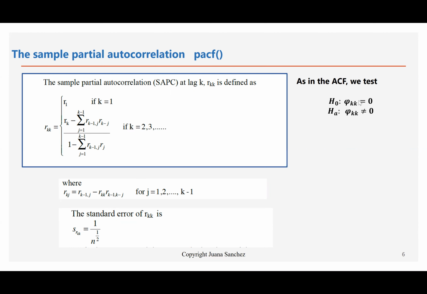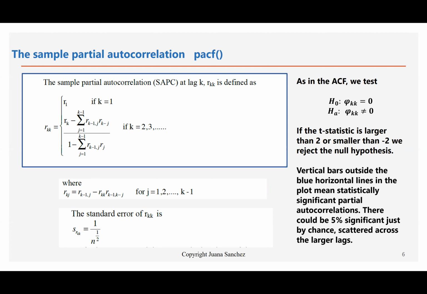This will be the population partial autocorrelation coefficient, and you are testing whether the partial autocorrelation in the population is 0, with the alternative that it is not 0. So if the t statistic is larger than 2 or smaller than -2, we are going to reject the null hypothesis. That means that the partial autocorrelation is statistically significant. So that's what the vertical bars outside the blue horizontal lines mean.